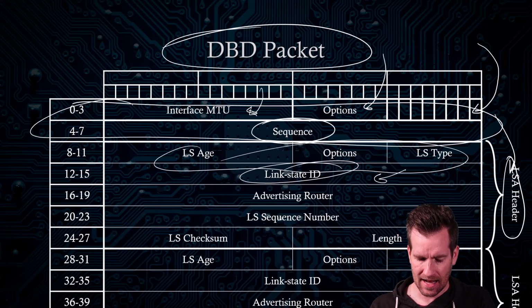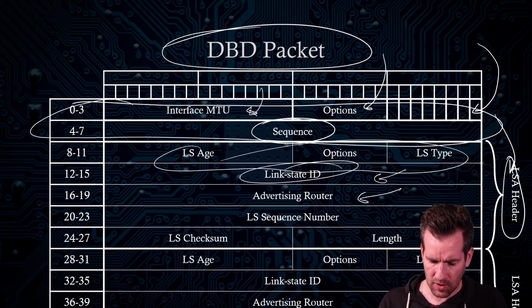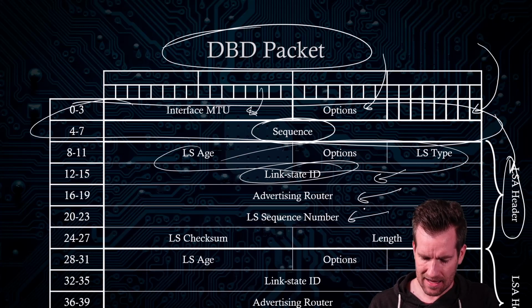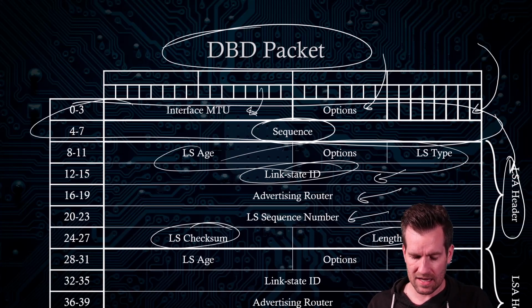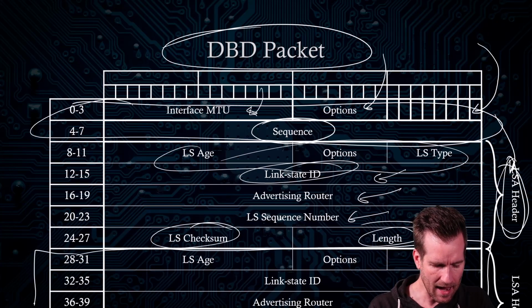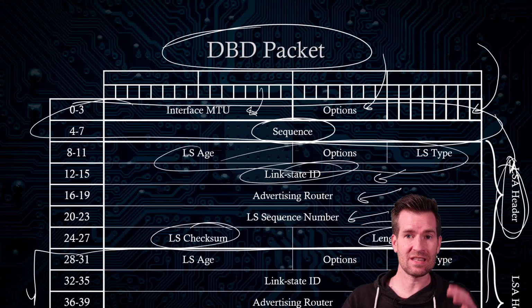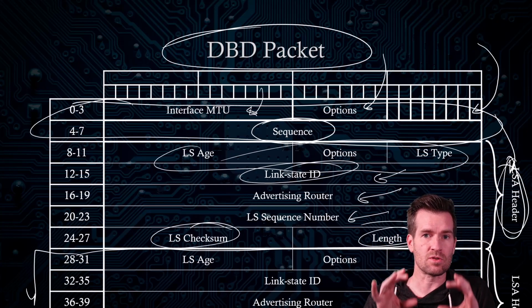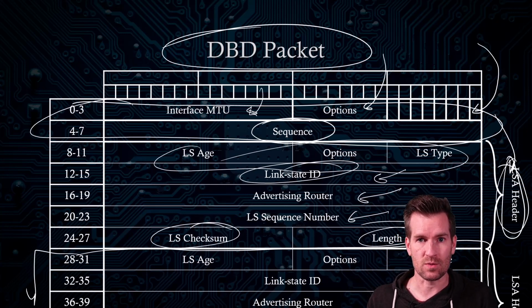So this is the link state ID, which router is advertising that particular link, the link state sequence number, a checksum, and a length. Once again, I'm not going to go real in depth into all of these, but just know that this is the link state header, and then you would have another link state header down here, and we would have multiple link state headers attached to this. And it's just information about each one of those links, describing those links and giving some detail about those links.